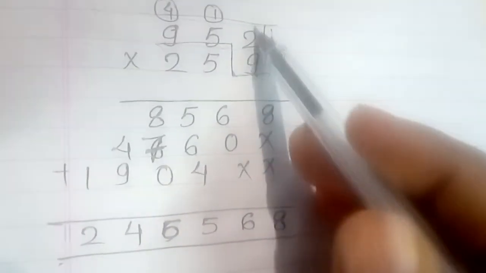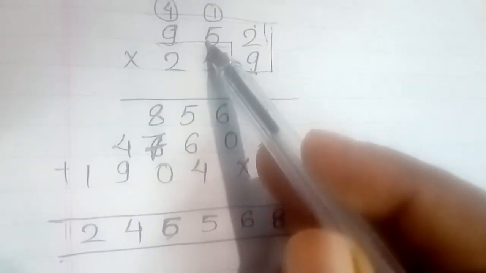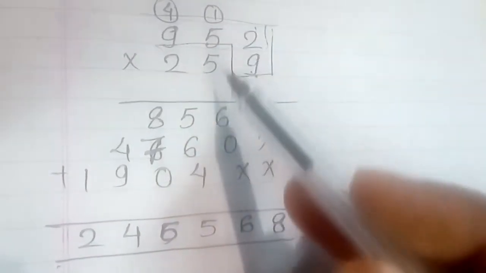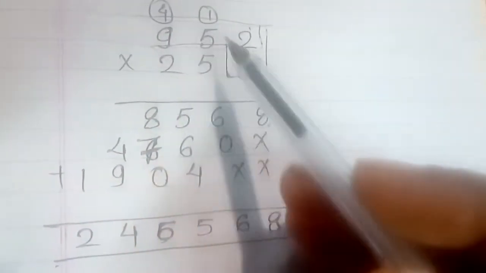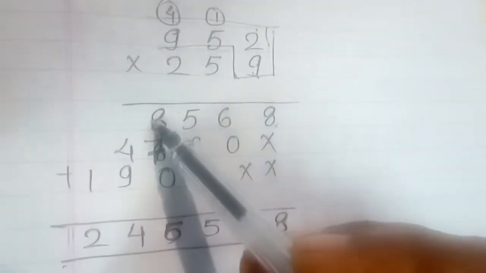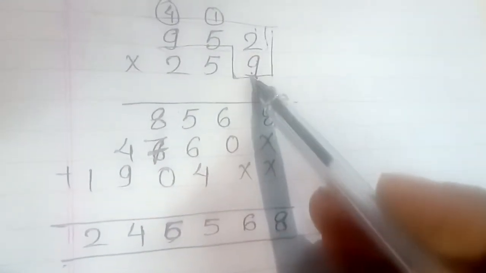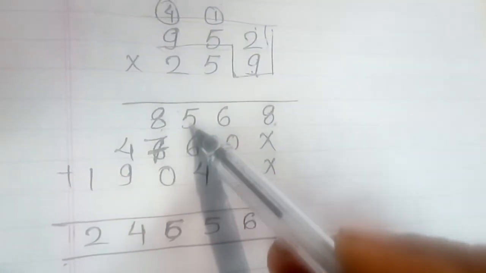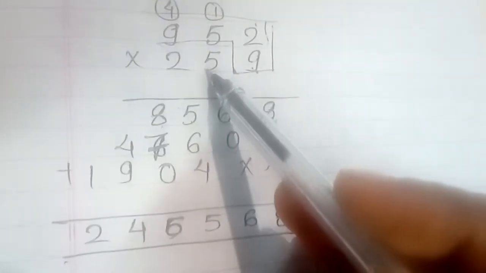So 9 2s are 18, carry 1, 9 5s are 45, 45 plus 1 is 46, write 6 here, take 4 as carry. Now 9 is multiplied with 9, 9 9s are 81, 81 plus 4 carry is 85. So the product of 952 and 9 is 8568.